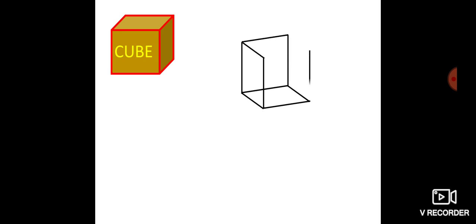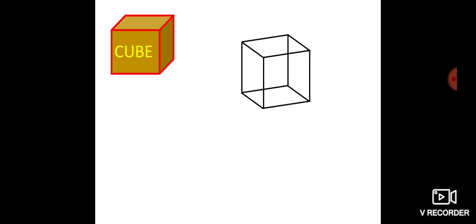Next we have to study how many edges, how many vertices, how many faces for a cube. Listen very carefully. You count the line segments: 1, 2, 3, 4, 5, 6, 7, 8, 9, 10, 11, 12. Now this is in the shape of a cube.